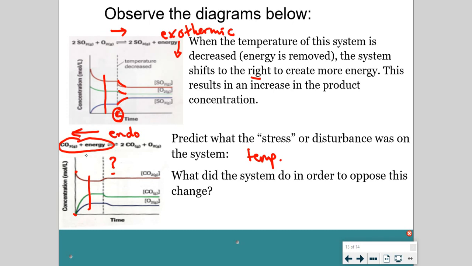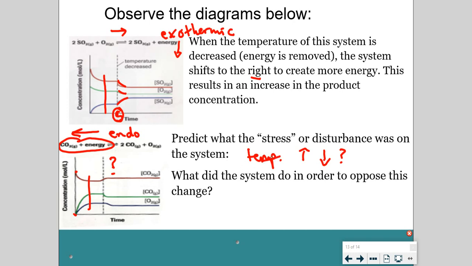So what could that temperature stress be? You really only have two options. Are you increasing or decreasing temperature? This is an endothermic reaction. So let's think. If you increase temperature, treating it as if it were a chemical or a substance, you're going to want to do the opposite. It's going to then move to the right-hand side to consume it. So if we decrease temperature, to compensate for that decrease in energy, treating it as if it were a substance, it will then move to the left-hand side, and that seems to be what's happening.